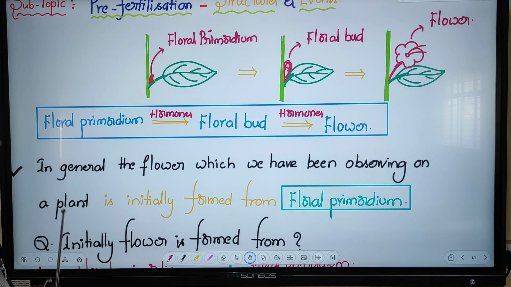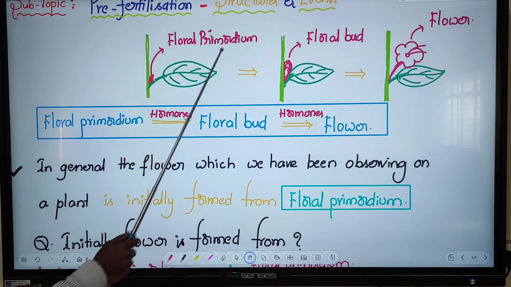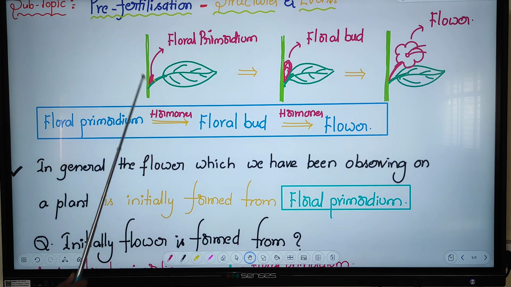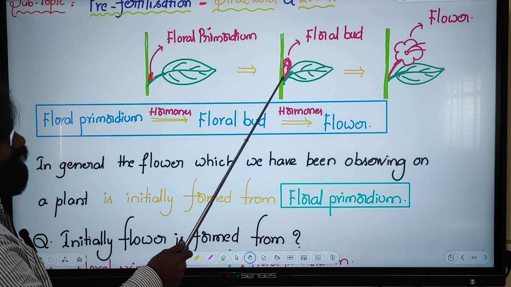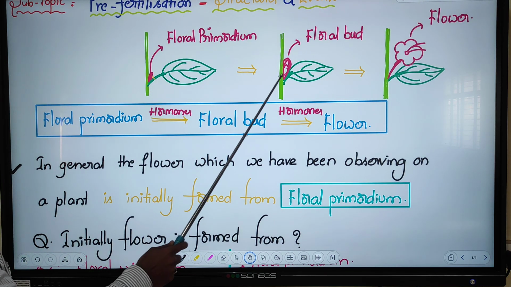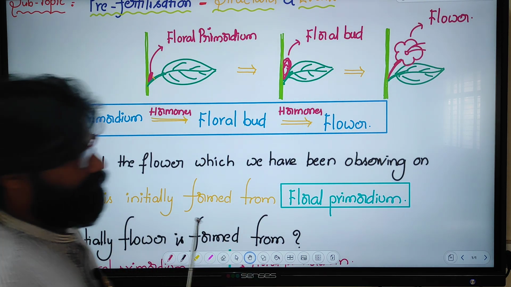See the diagrammatic representation. This is a stem, it is a leaf, there is an axil where there is a floral primordium. Then this floral primordium converts into the floral bud. That floral bud converts into the flower.